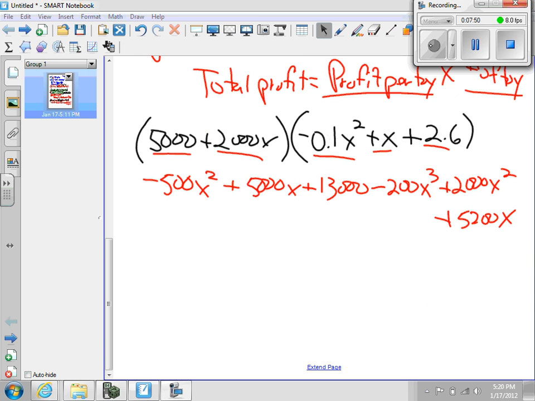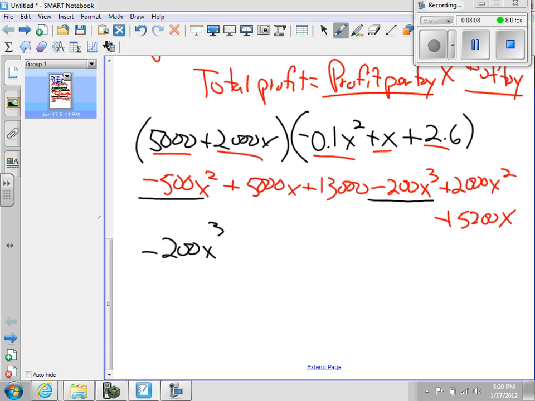Let's combine like terms. I'll start with my highest power, which is right there. So I have negative 200x cubed. That's the only cubed power that I have. And then when I look at my squared powers, I have negative 500x squared, and I have a positive 2,000x squared.